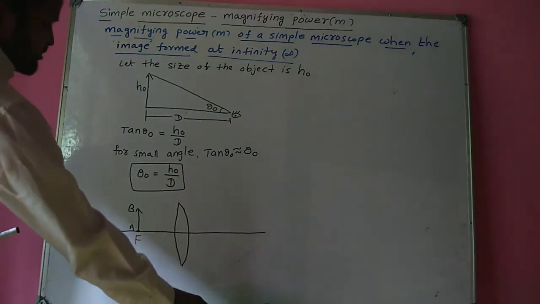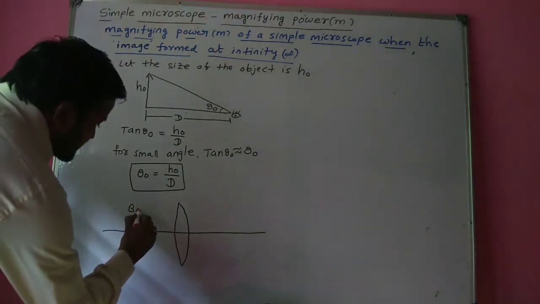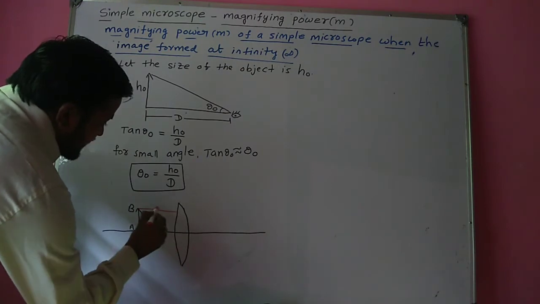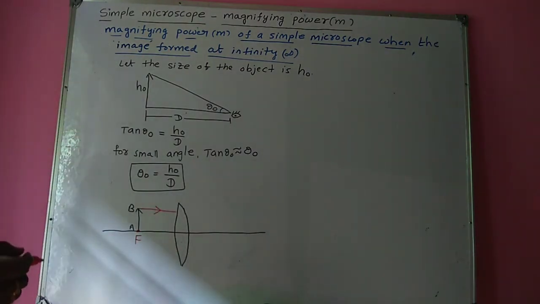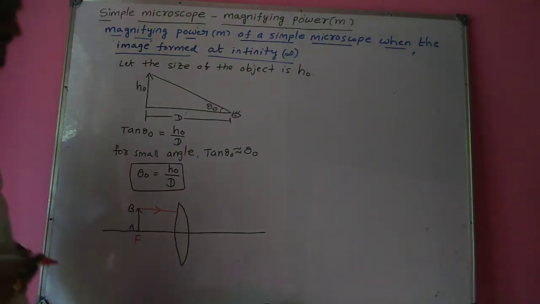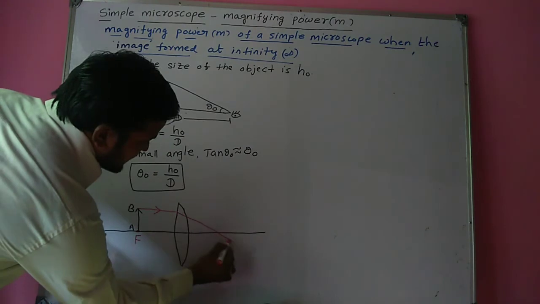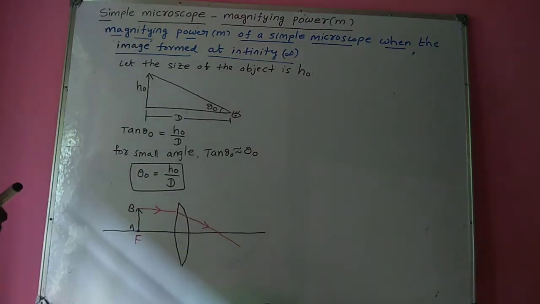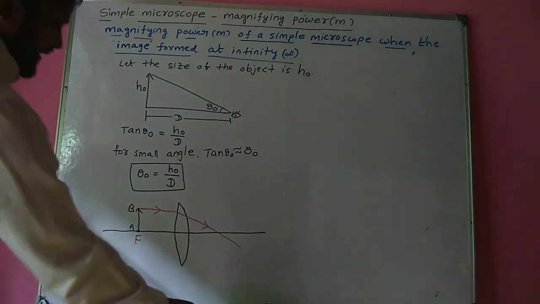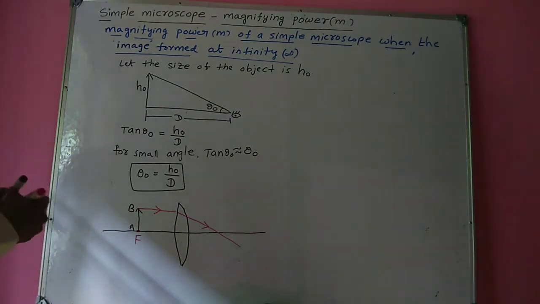To form the image, we need to consider a minimum of 2 light rays. One light ray is parallel to the principal axis and is incident on the lens. When it is parallel to the principal axis, after refraction it passes through the principal focus of the lens. Next, the second light ray passes through the optic center of the lens.